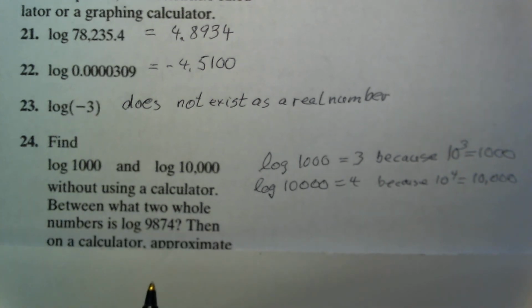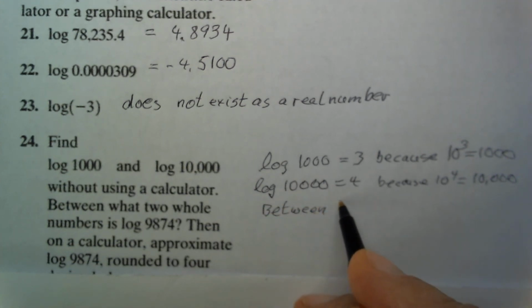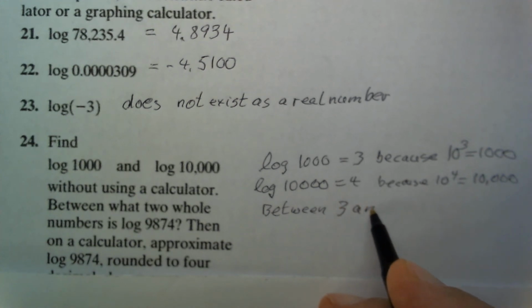And between what two whole numbers is the log of 9,874? Well, 9,874 is between 1,000 and 10,000, so it must be between 3 and 4.